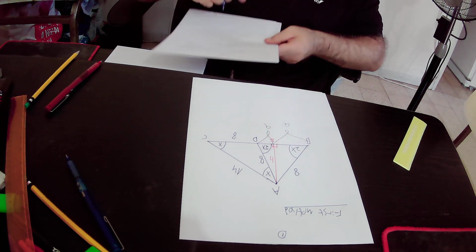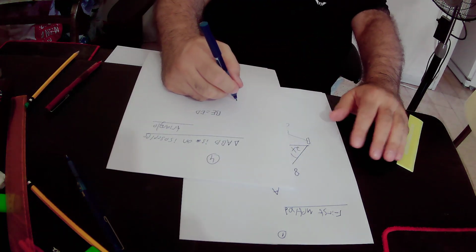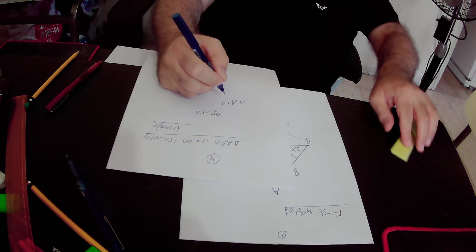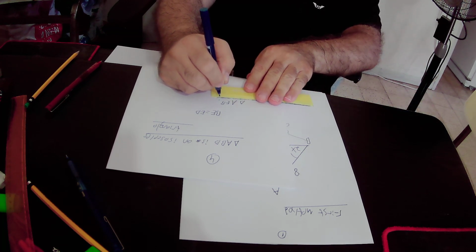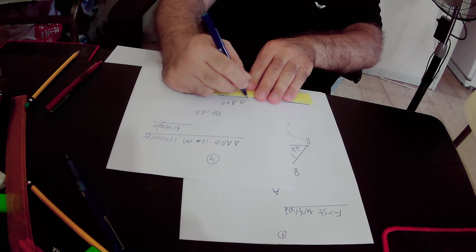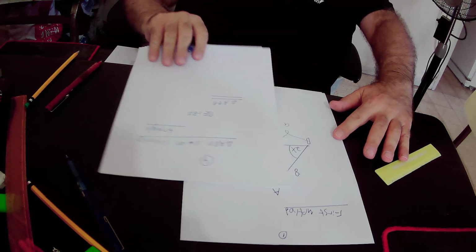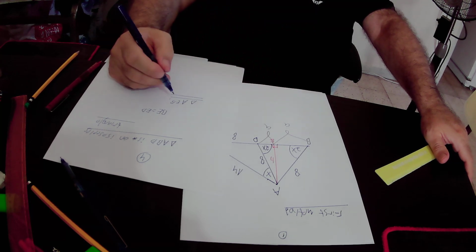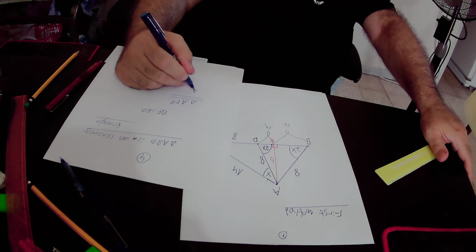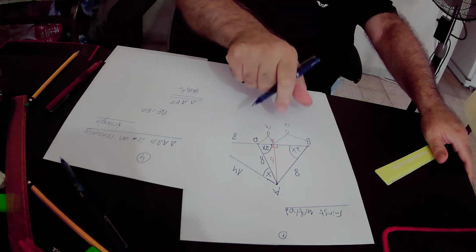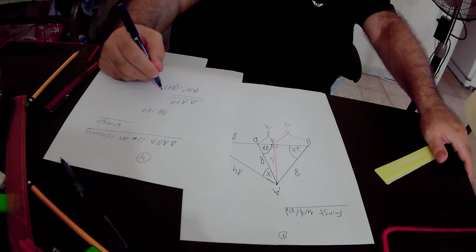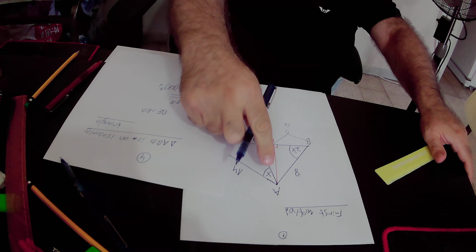So in triangle AEB, we can implement the Pythagorean theorem. AB square equals BE square plus AE square.